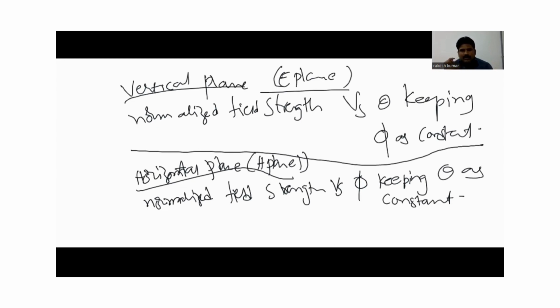The pattern obtained by plotting normalized field strength versus theta, keeping phi as constant, is the vertical plane. The pattern obtained by plotting normalized field strength versus phi, keeping theta as constant, is the horizontal plane or H plane.